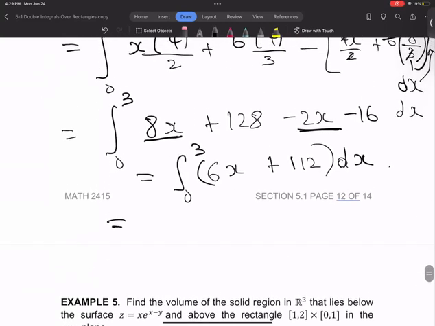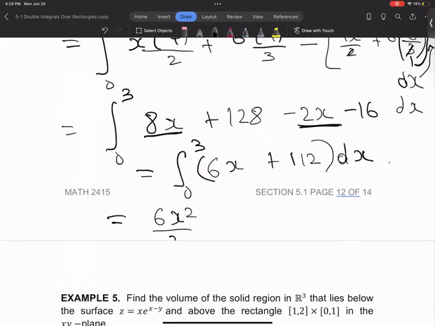So I integrate with respect to x. What do I get? 6x squared divided by 2 plus 112x, between 0 and 3.